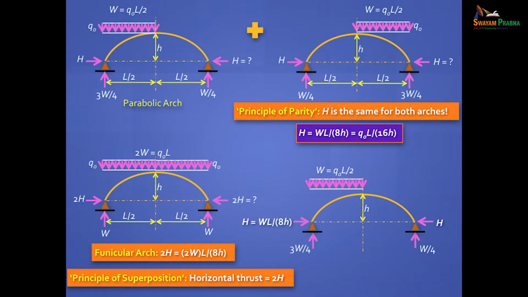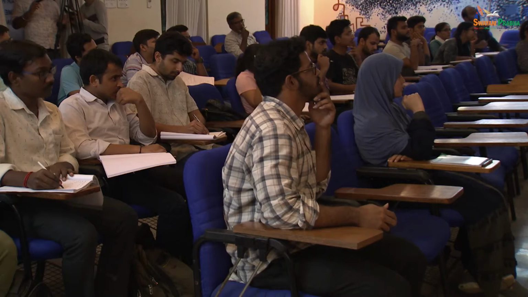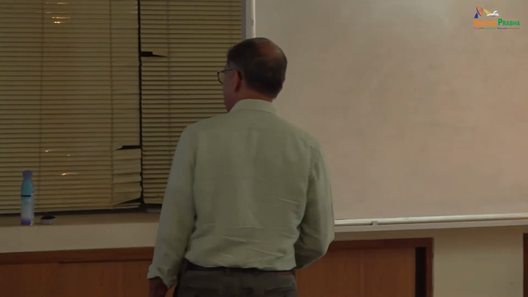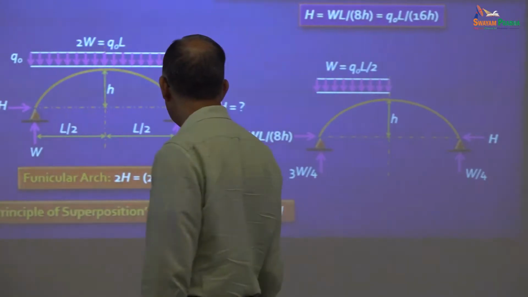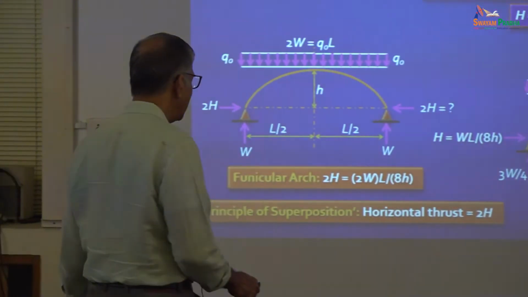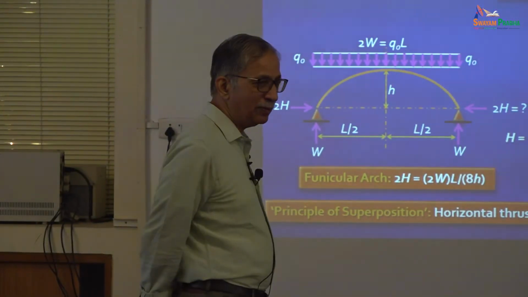Now, what is going to be the difference between this behavior and this behavior? This is a non-funicular arch for this loading. So in which locations will the bending moment be 0? In this arch, in which location is the bending moment going to be 0?